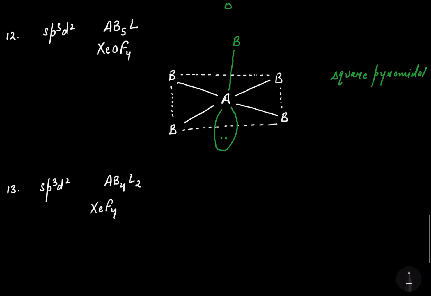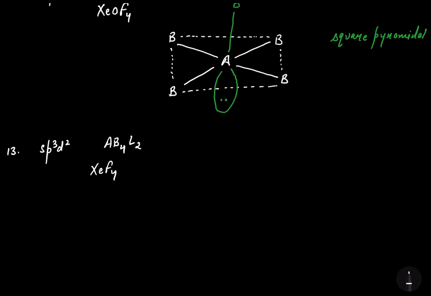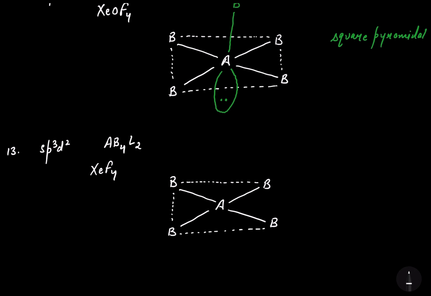Now here A is present over here, that's B over here, second B over here, third B over here, fourth B over here. Now we are just imaginarily linking the 4 B's to each other. So that's the square plate.